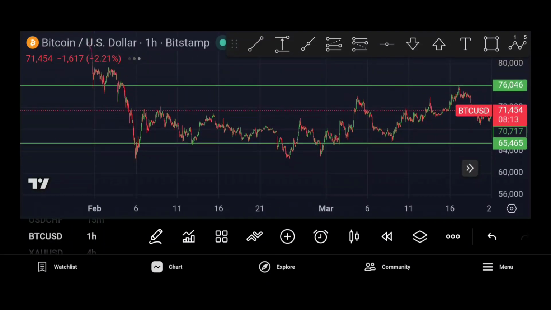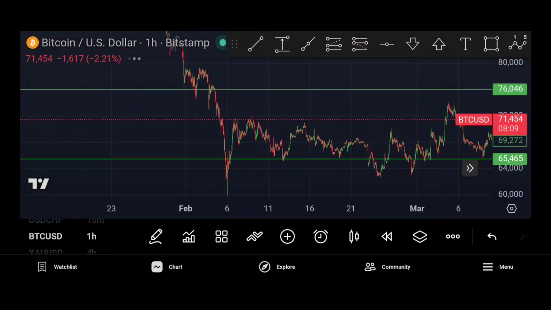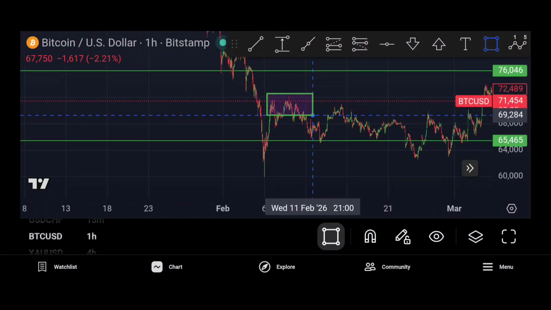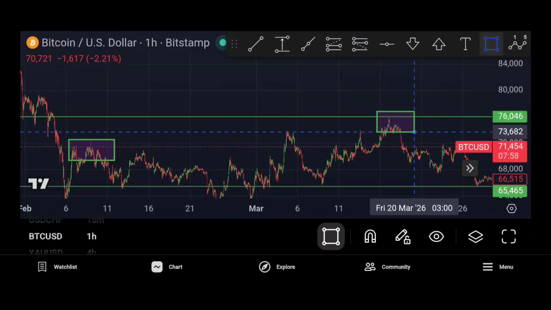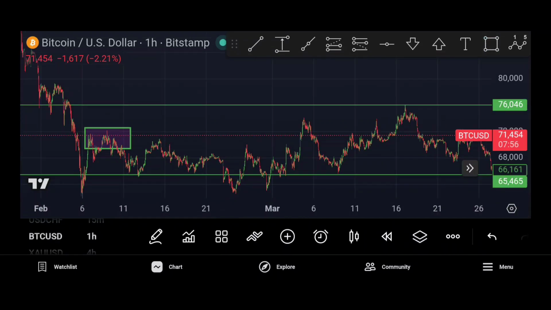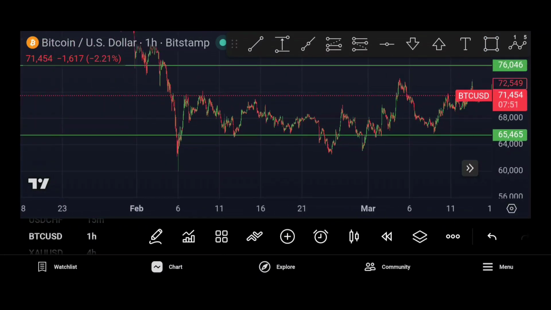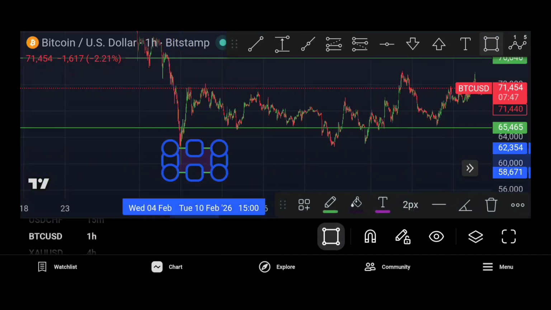As we can see, it looks like the market was in an uptrend, because the market came from this high here, creating a new high, which is a higher high, right there. Our previous low was this one right there.